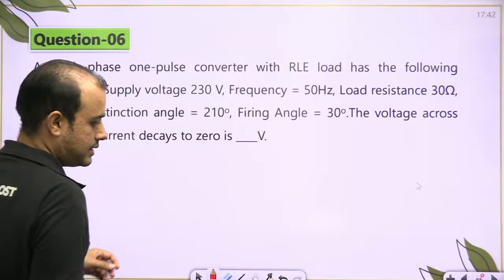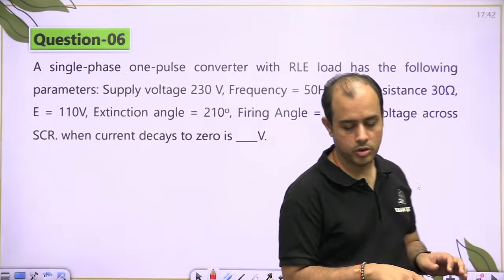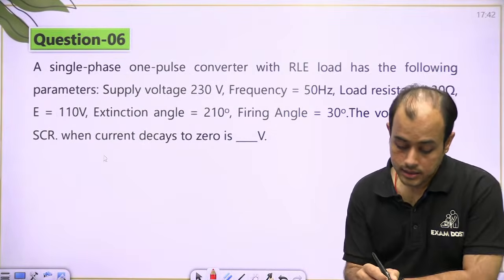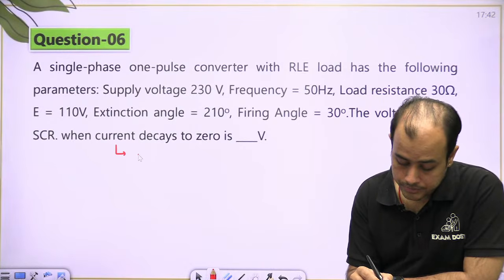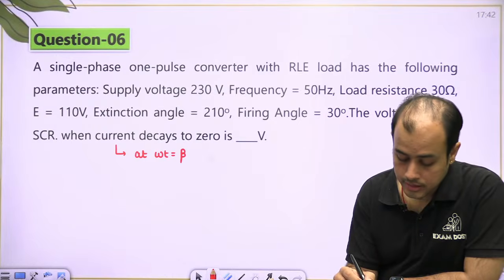आया भैया आंसर? देखो बहुत इजी है. तो करंट बिकम 0 at omega t equal to beta.